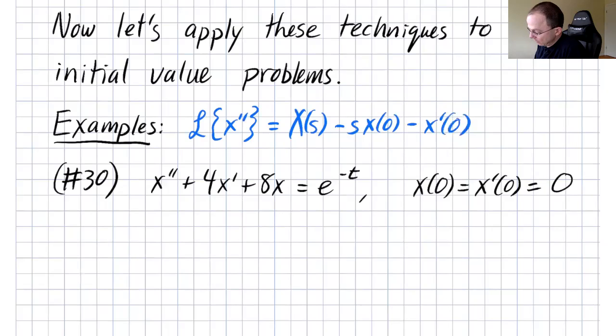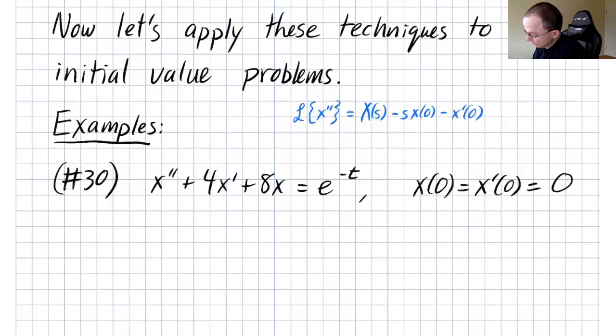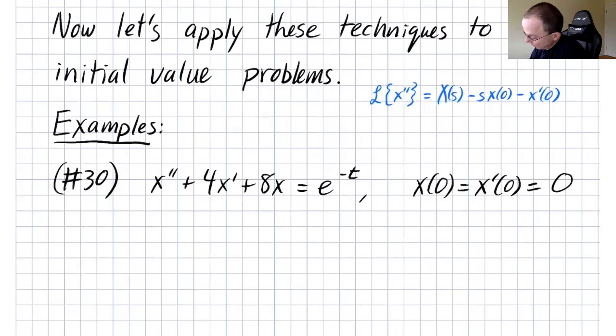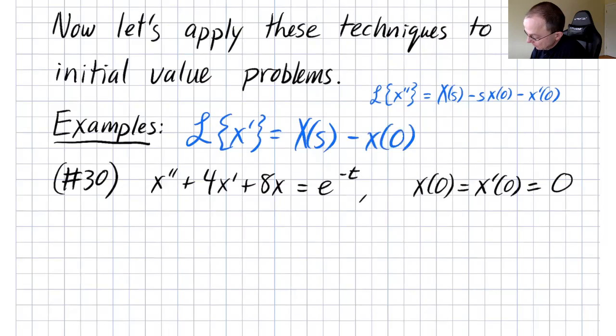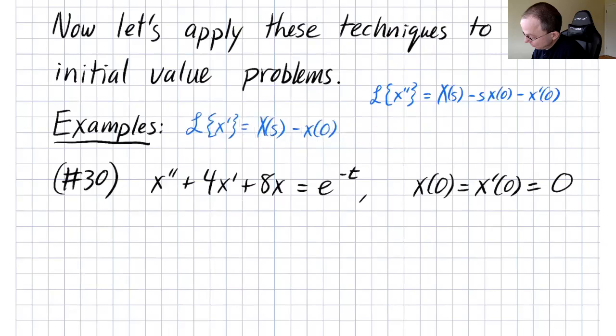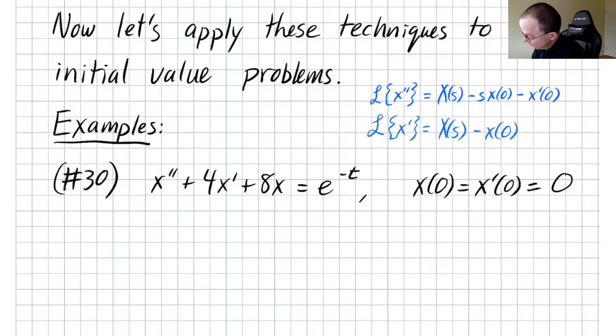So we have that rule there, and I'll just make that a little bit smaller, just kind of put it over here. And then the other one is going to be the Laplace transform of x prime is equal to s X of s minus x of 0. Okay, so those are the two things we need. So let's put a box around those.